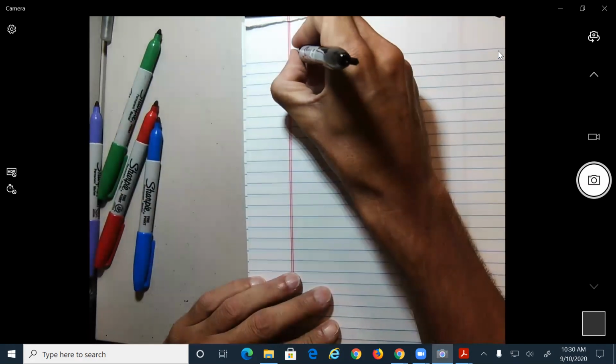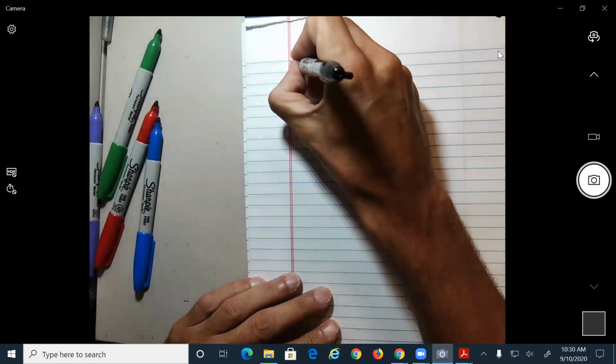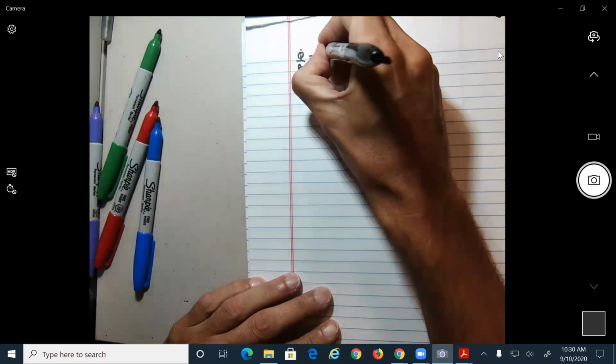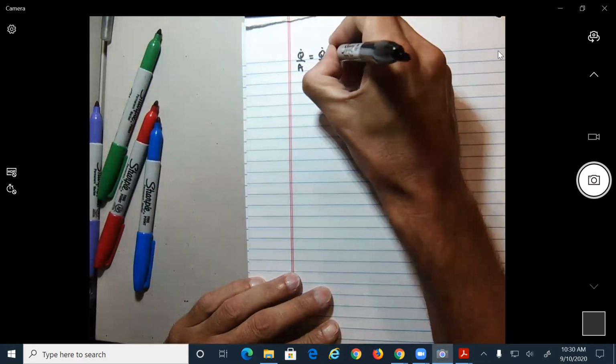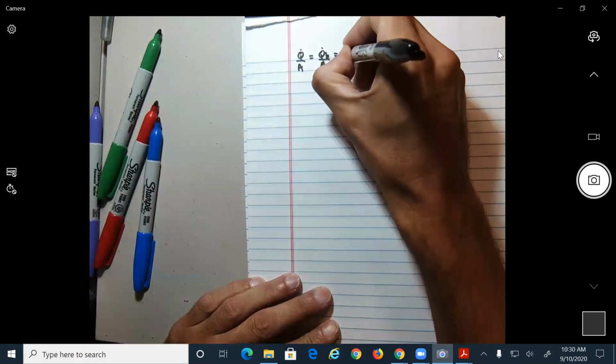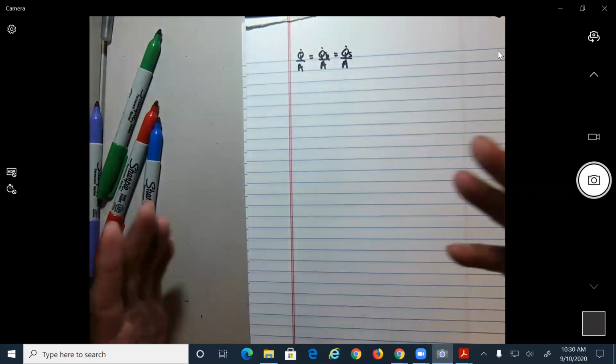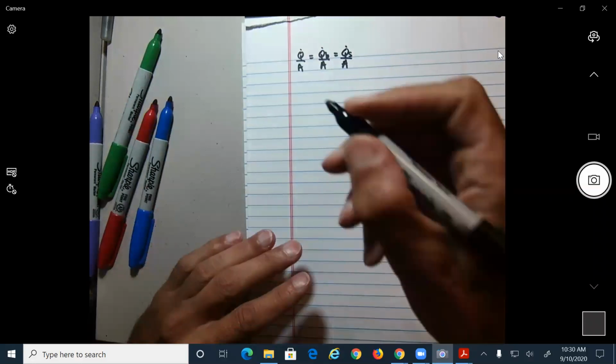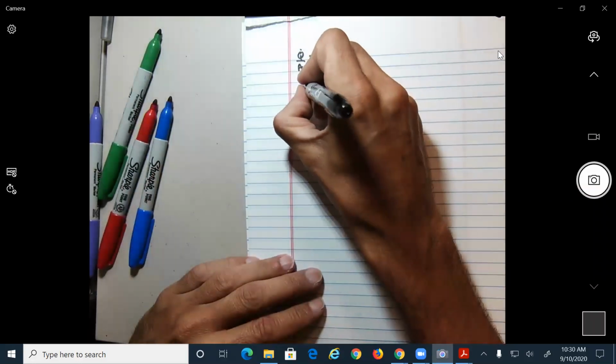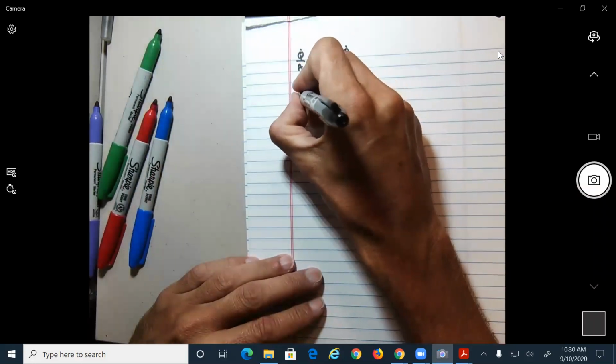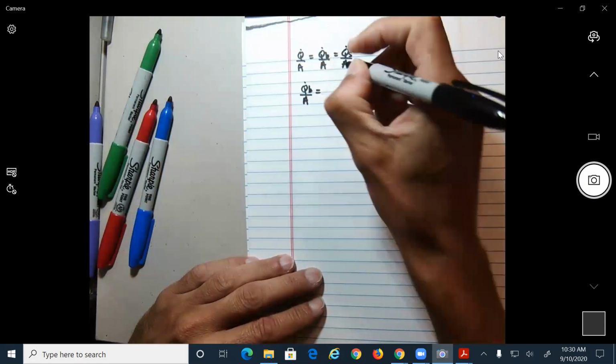So Q over A can either be equal to Q brick over A or Q steel over A. So let's say we use whatever, Q brick. And let's do it both ways and see what we get, okay? So this should be equal to what?